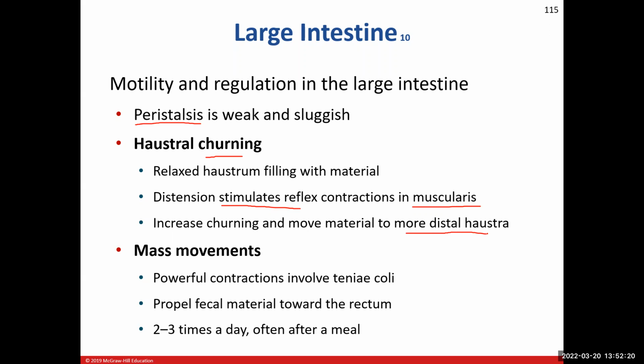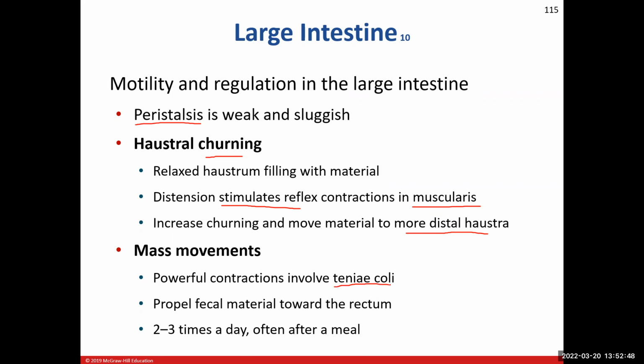Now, you may notice sometimes after a meal, you have to go to the bathroom, or you can feel something down in your belly really start, I don't want to say the stomach rumbling, but something down low, below the belly button, you'll feel some movement going on down there. We call those mass movements. Here's where the taeniae coli really start to get involved.